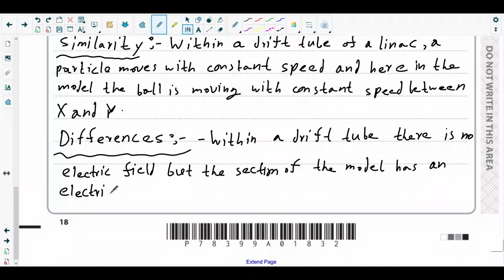We have said the section, so this means x and y. The model has an electric field. This is the one difference.